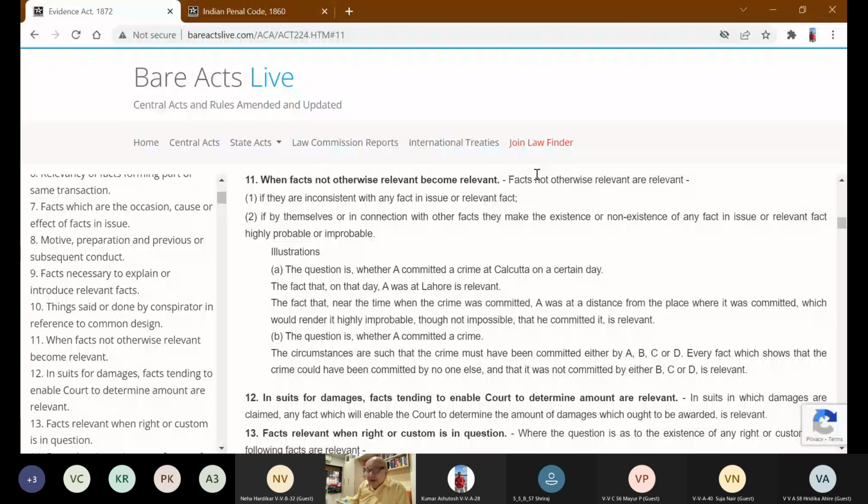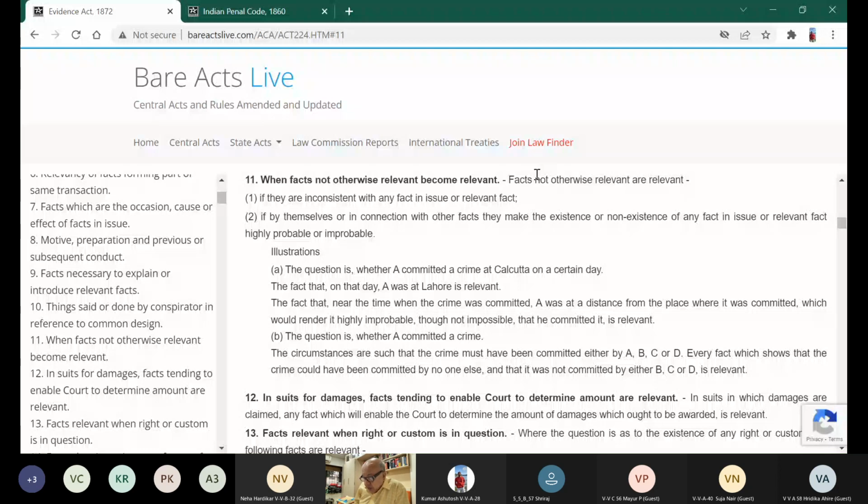Let us see the illustration. The question is whether A was poisoned by a certain poison, a rat poison, a chemical which is harmful.